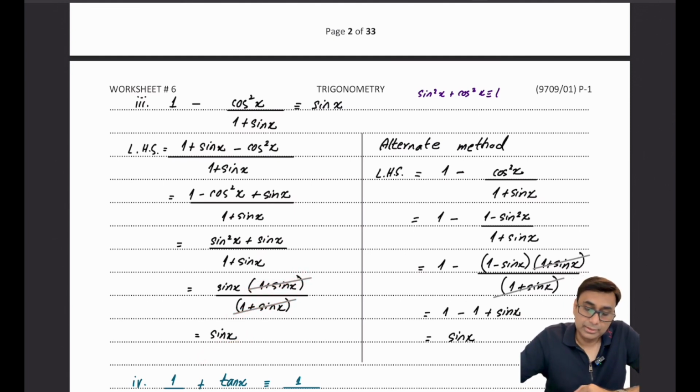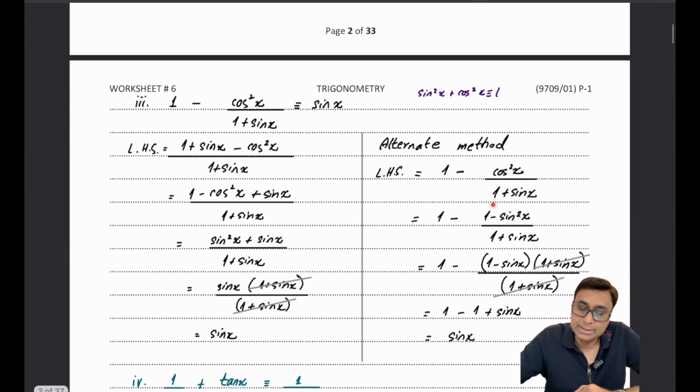The same thing that I did over here can also be done alternately by identifying that cos square x I can replace directly here as 1 minus sine square x. Then 1 minus sine square x can be looked at as 1 square minus sine x whole square.